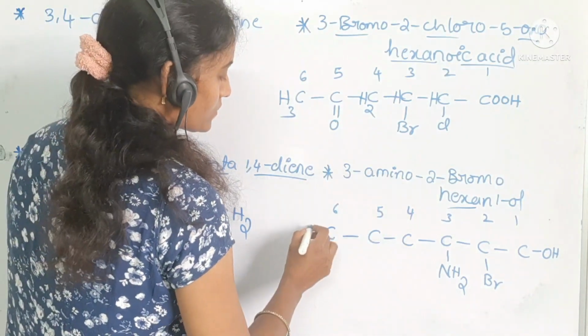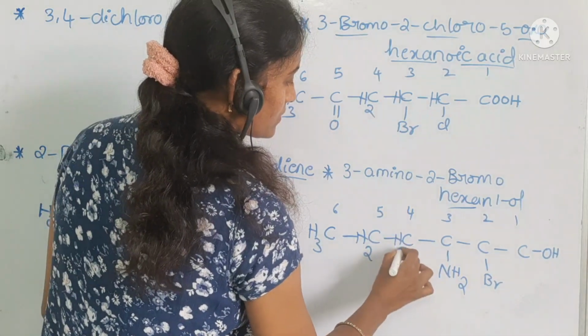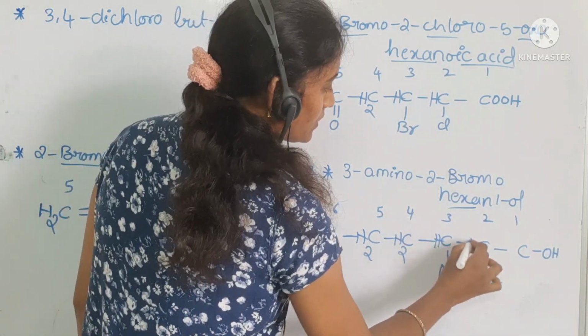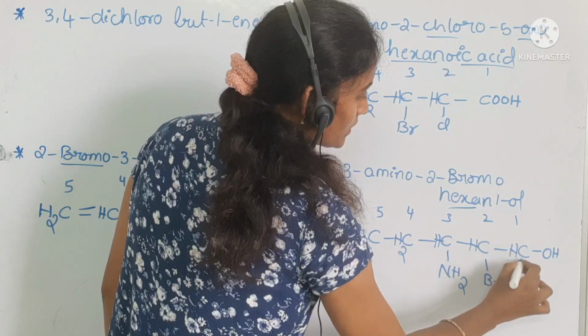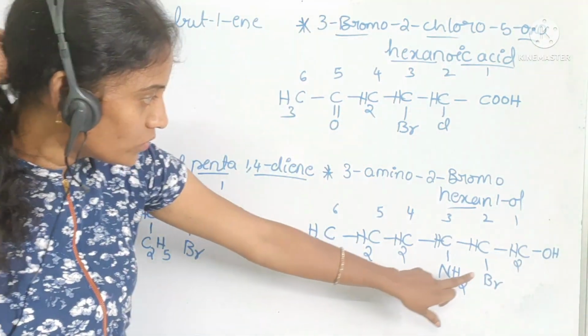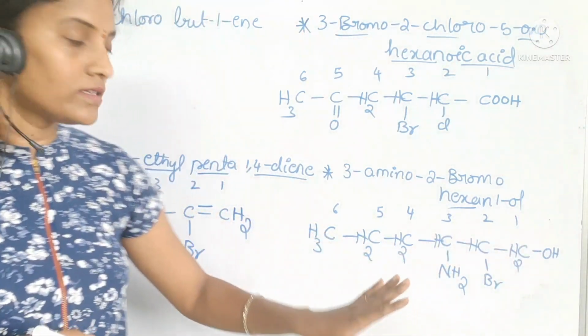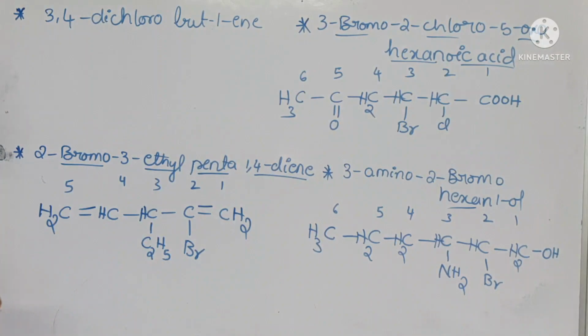Okay, next you can satisfy tetravalency. CH2, this needs only 1, this one also needs 1, this one needs 2 hydrogens. This is 3-amino 2-bromo hexan-1-ol. Okay, this is the structure of this organic molecule.